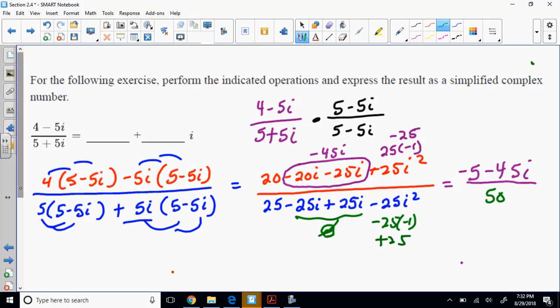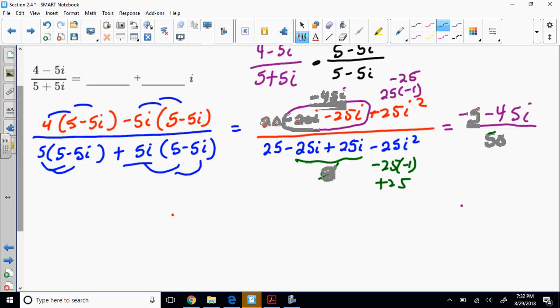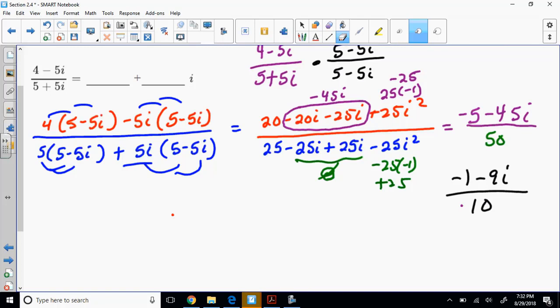So 5 will go into all those, right? If I pull a 5 out of those, that's negative 1 minus 9i all over 10. So this is what you have right here.